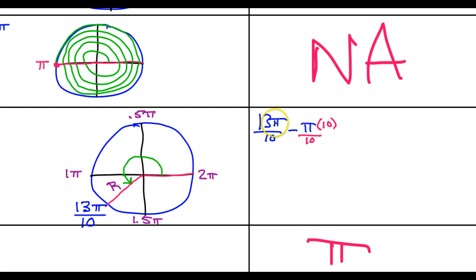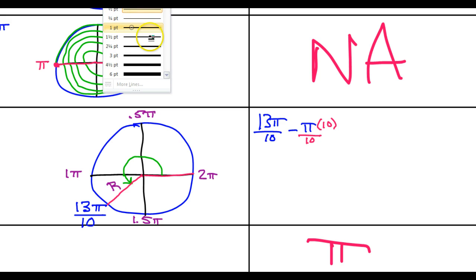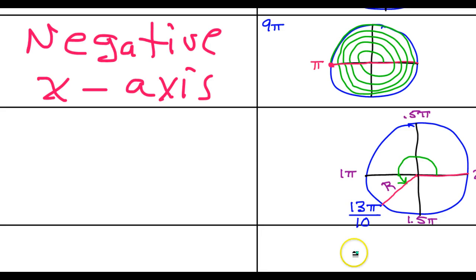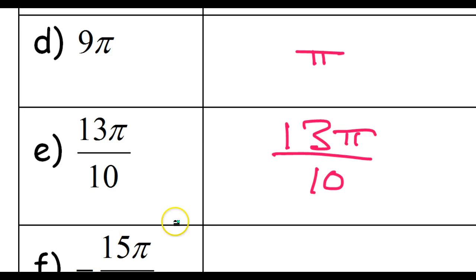This is going to be 13 pi minus 10 pi over 10. 13 minus 10 is 3, so that gives me 3 pi over 10. That is going to be my reference angle. Notice that it's not just pi over 10, it's 3 pi over 10. Of course, we are in the third quadrant here, so this is quadrant 3. And so that's it for E.